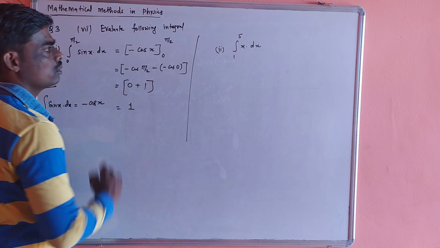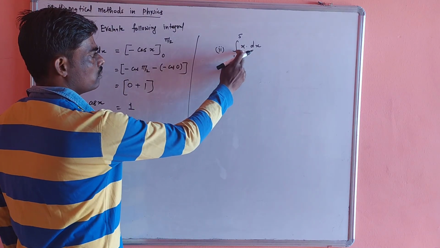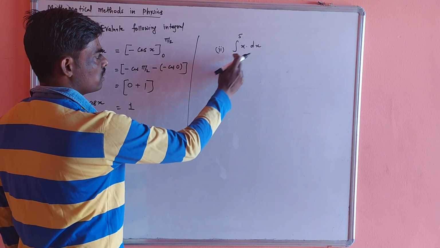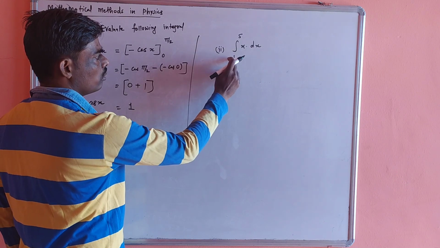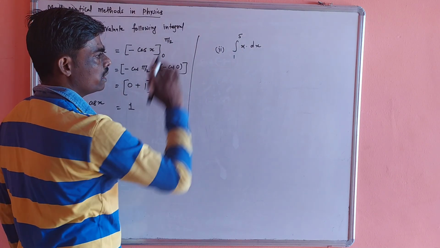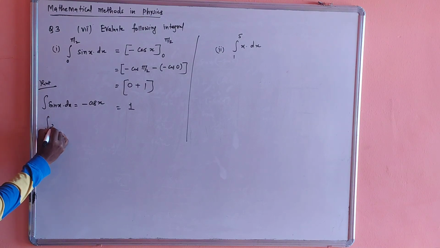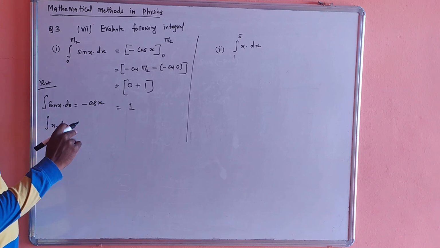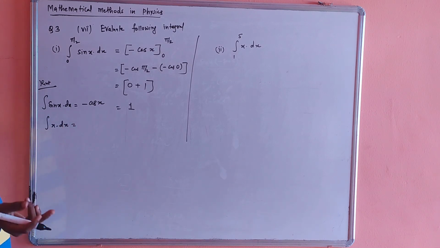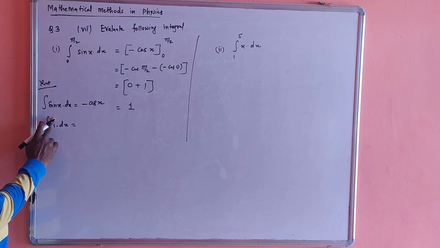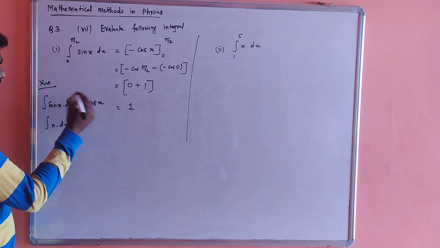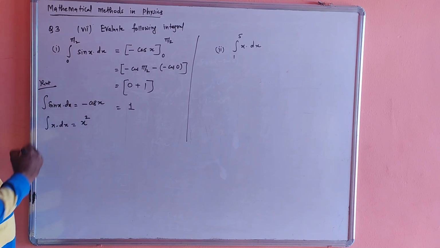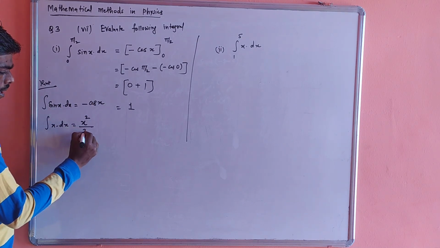Then the second one, integration of x dx, lower limit is 1, upper limit is 5. What is the formula for integration of x into dx? The formula is x raised to power n plus 1 upon n plus 1. Here n is 1, so n plus 1 means 2, upon 2.